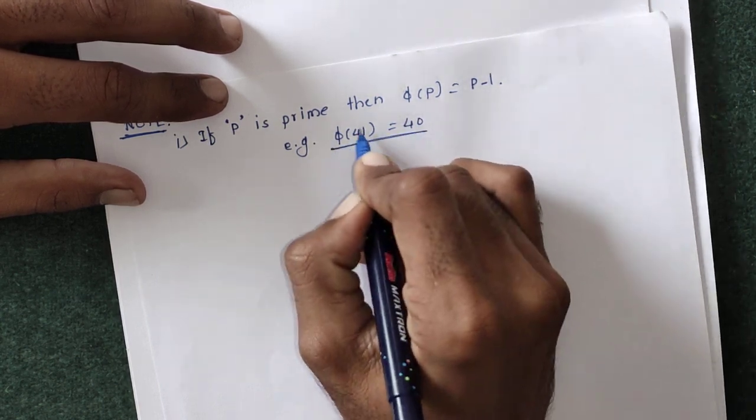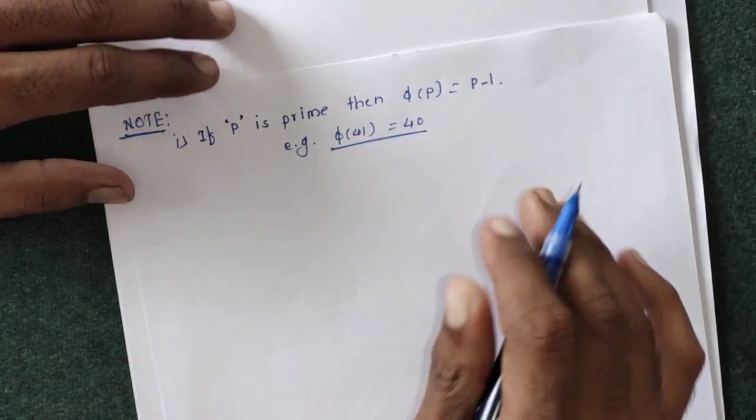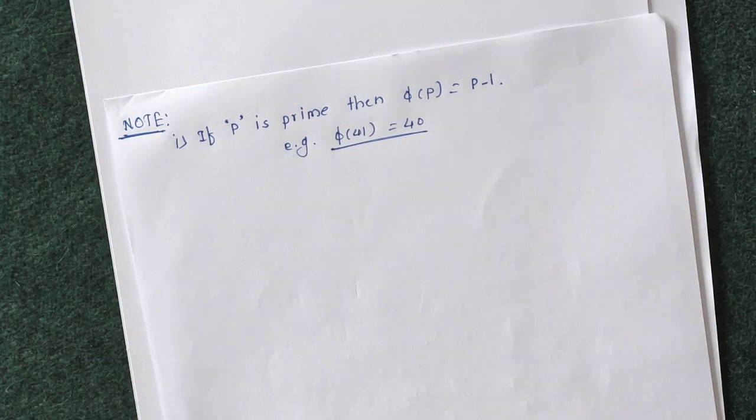So if we find this number m which is prime, then phi of that prime is equal to p minus 1.